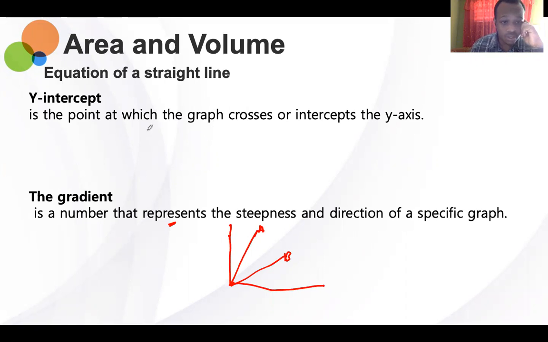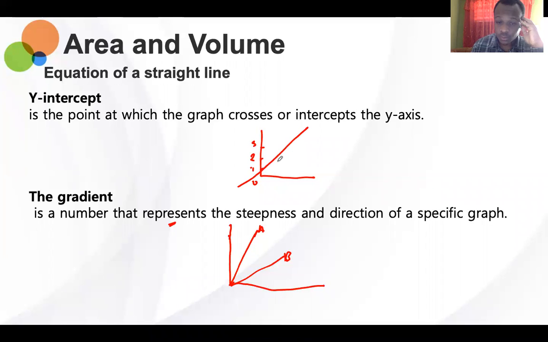Now we will talk about the y-intercept. The y-intercept is the point at which the graph crosses or intercepts the y-axis. So we have our graph here, and this is 0, 1, 2, 3. And our line crosses the axis right here. What would be our y-intercept? What is the value of our y-intercept?